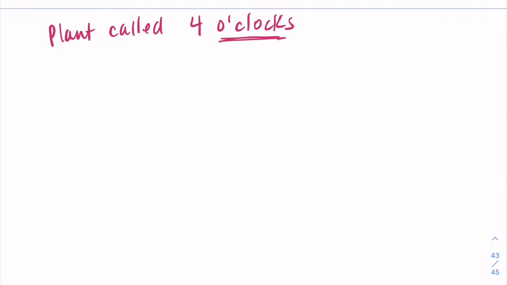Kind of like morning glories are called morning glories because they bloom in the morning, and by late afternoon, that bloom has faded. And maybe 4 o'clocks just open late in the day. There is a dominant allele that causes red flowers. So I'm going to give the dominant allele a capital R, R for red, and a capital letter because it's dominant. So it causes 4 o'clocks to have red flowers.